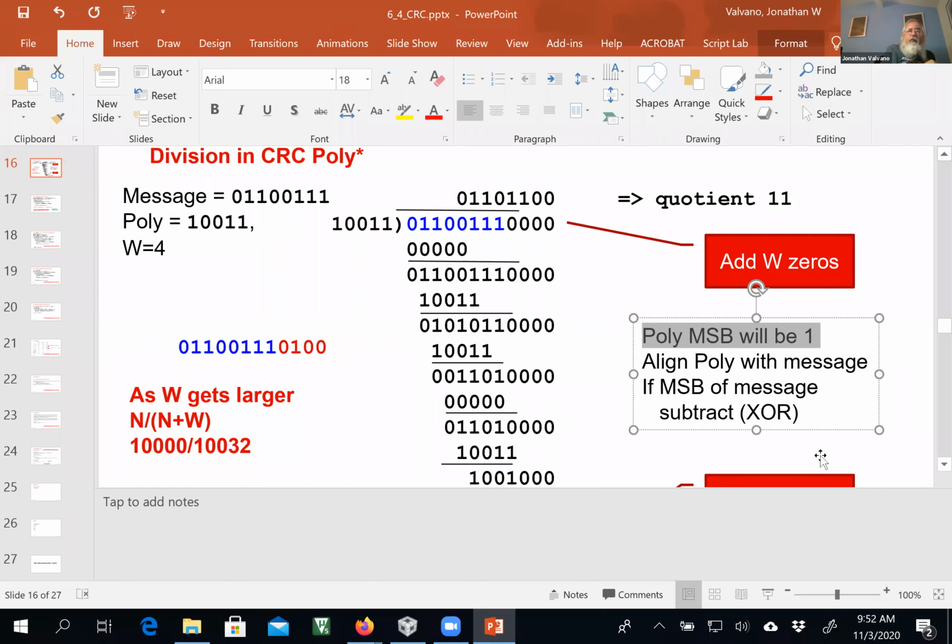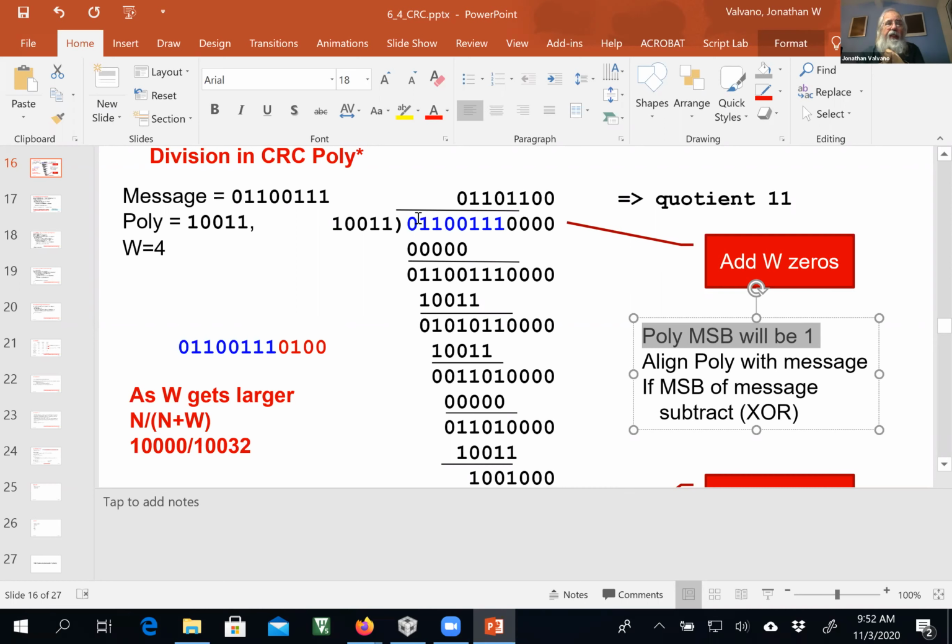And therefore, when we write out the polynomial, whether it be 2 bits or 32 bits or 64 bits, the most significant bit will always be 1 in the polynomial. So we can do a fairly simple decision about whether to subtract.